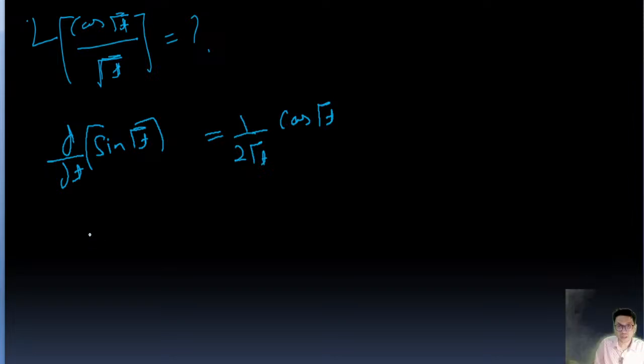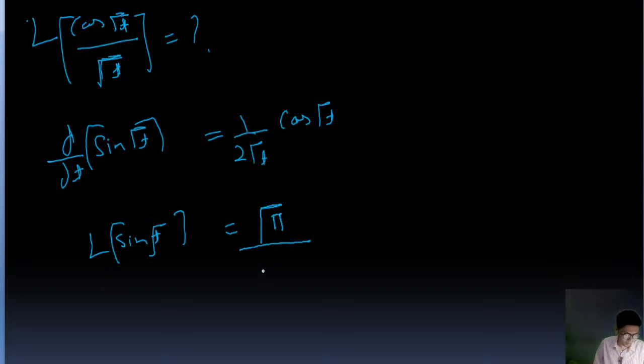So from here, the Laplace transform of sine root t, this value we have already found, is root pi upon 2 s to the power 3 by 2 e to the power minus 1 upon 4s. This one, root sin t. This is this value.